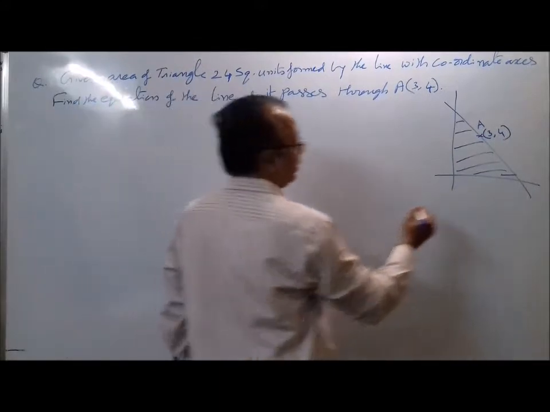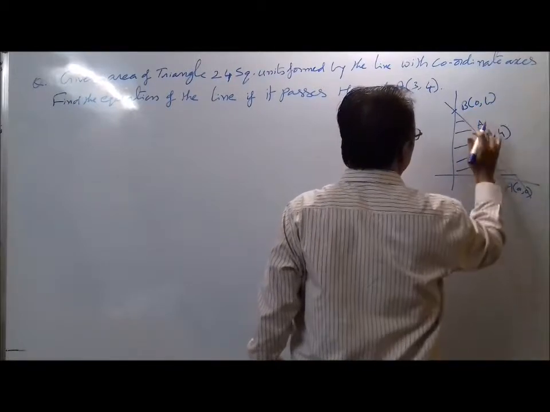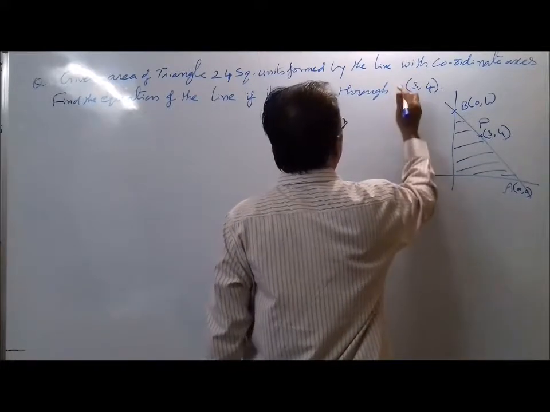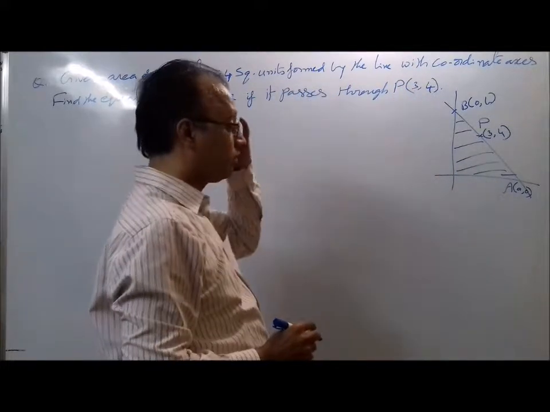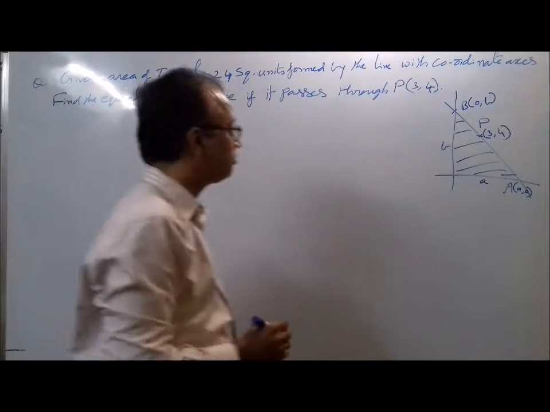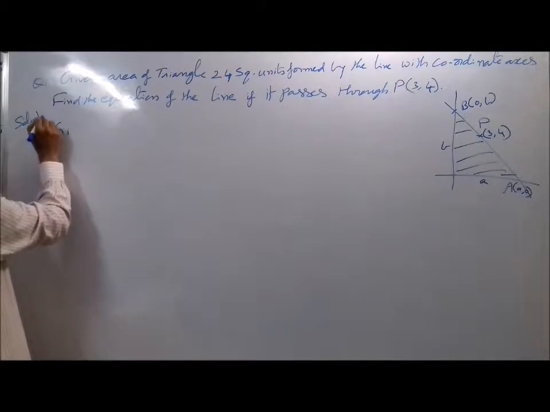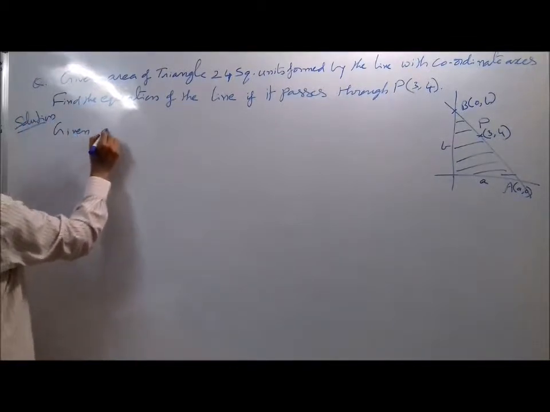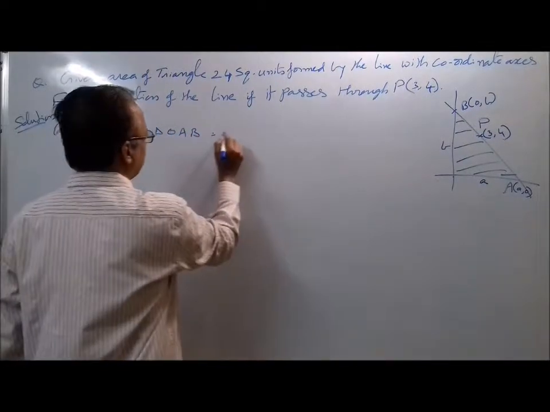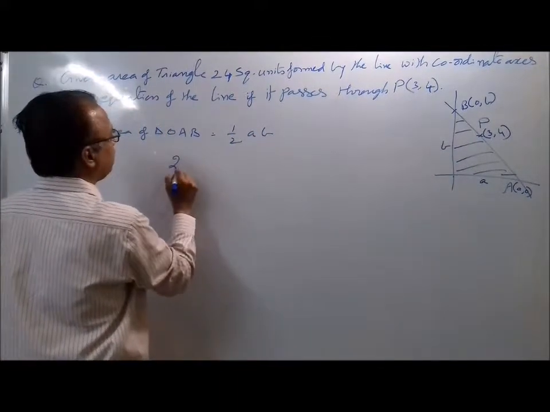Suppose you take here this is (A, 0) and this is (0, B). Then you take this as point P. So the x-intercept is A, y-intercept is B. Given, solution: area of triangle OAB is half A into B, base into height, that is 24 square units.